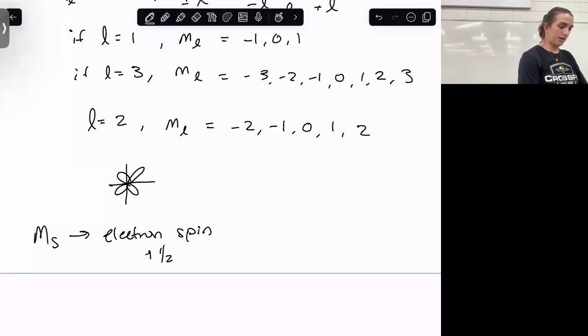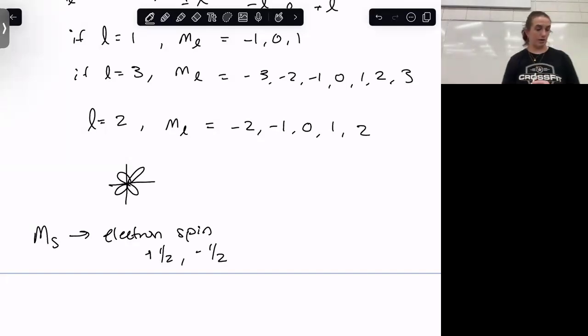It can be +1/2 or -1/2. You could either have an upward spin, which is the +1/2, or a downward spin, which is the -1/2. By convention, if there's just 1 electron, usually you get the +1/2 first and then the -1/2 second. So you usually do an upward spin electron first before a downward spin electron.